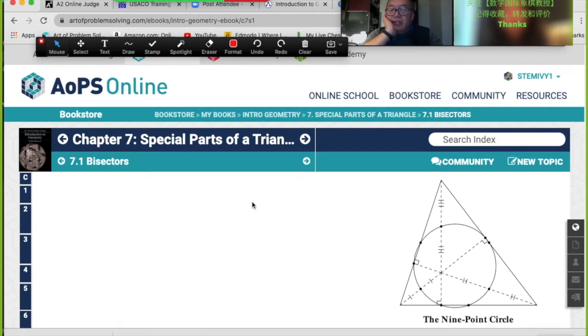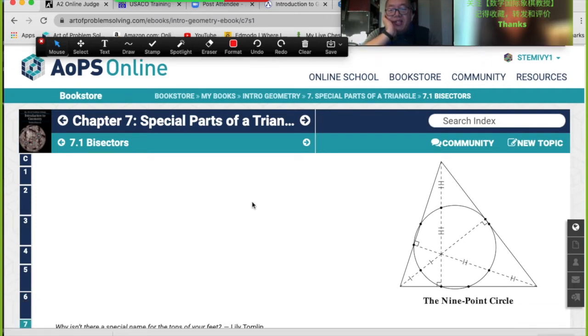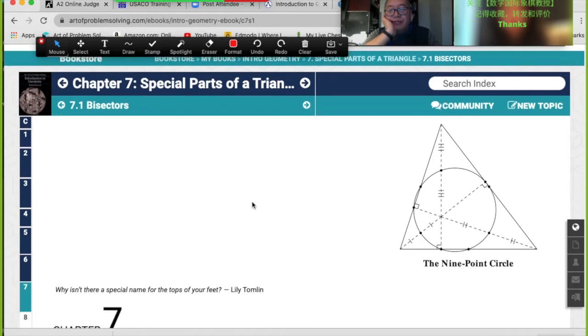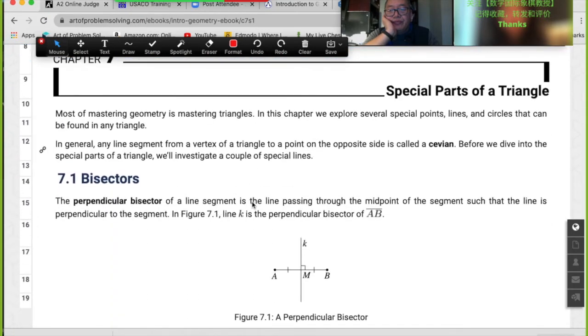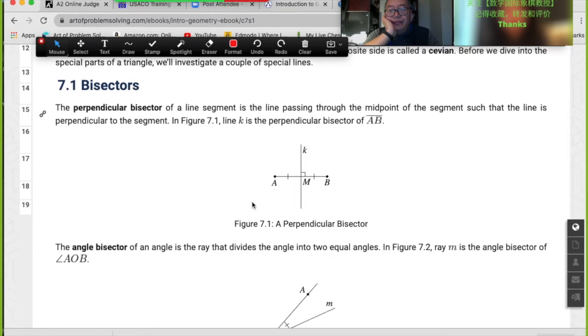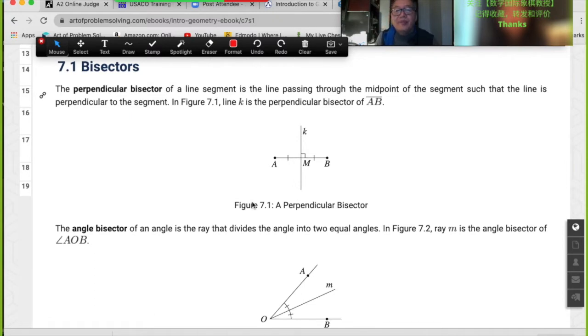Okay, so first, do you understand what bisectors are? It intersects at a line's midpoint. You know, the bisector, actually you have two kinds of bisectors.